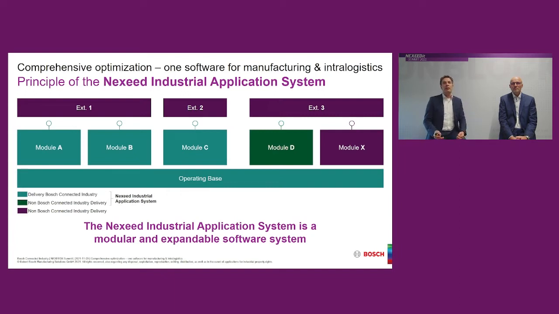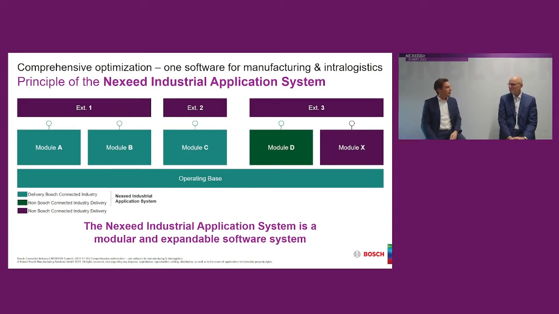On the other hand, it has a structure so that only the required modules have to be used, and it's still open for later extensions. And of course, this system is also available through partners or us directly in many countries worldwide where your production is located. So now let's move from theory to practice.